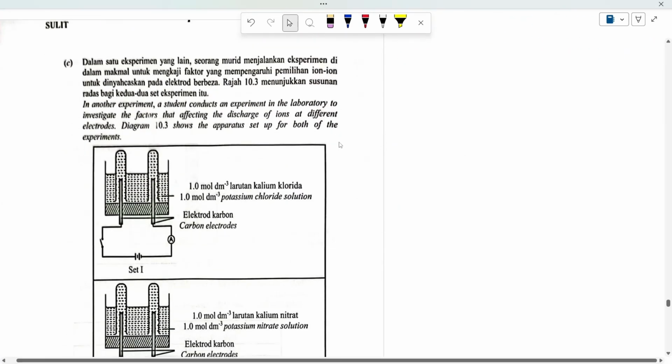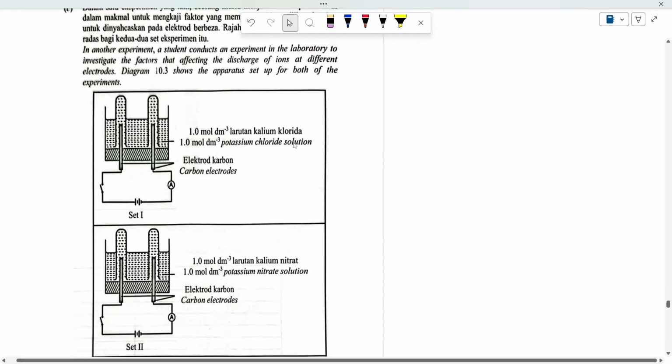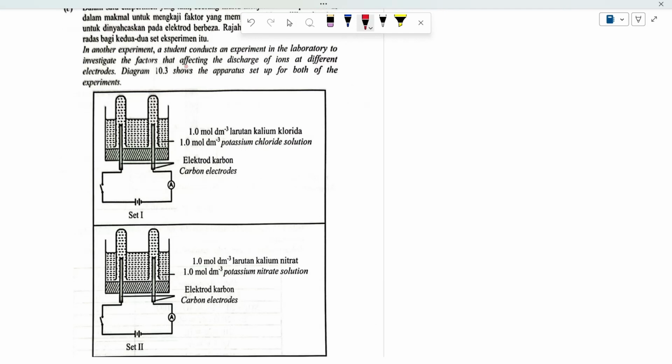Now C. In another experiment, a student conducts an experiment to investigate the factor affecting the discharge of ions for different electrodes. So we see. Set 1 uses carbon.